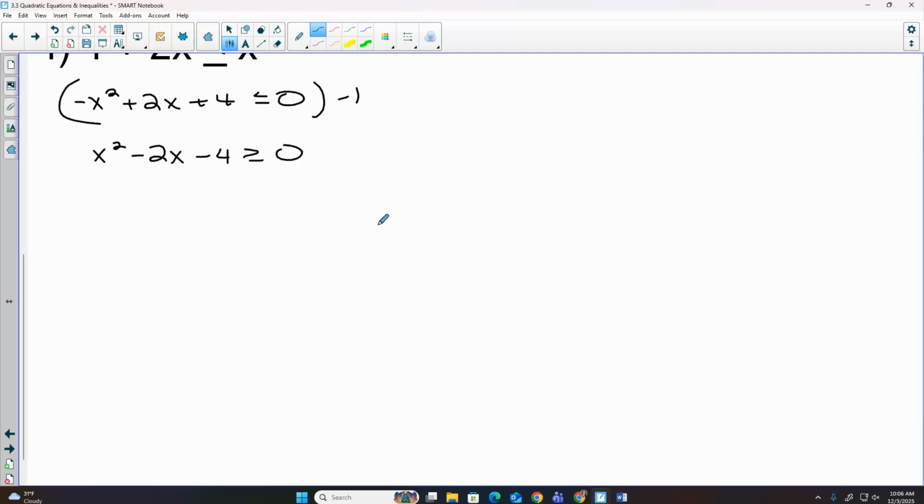But that doesn't add up. So what do we do? All right, opposite of b would be 2, plus or minus the square root of b squared minus 4ac over 2a.